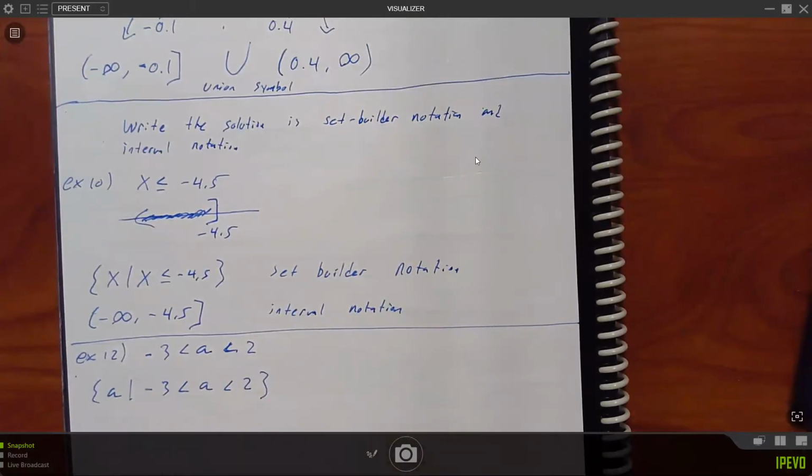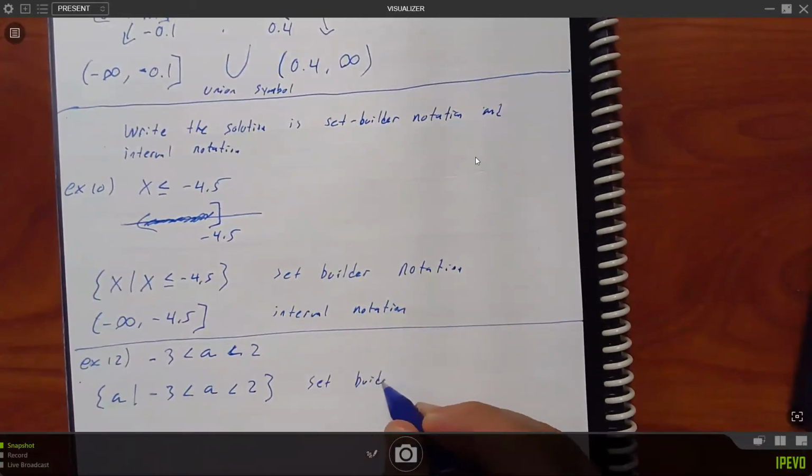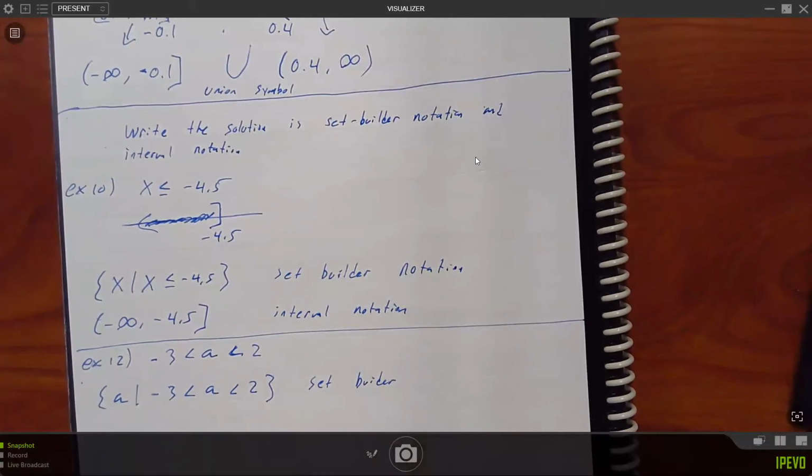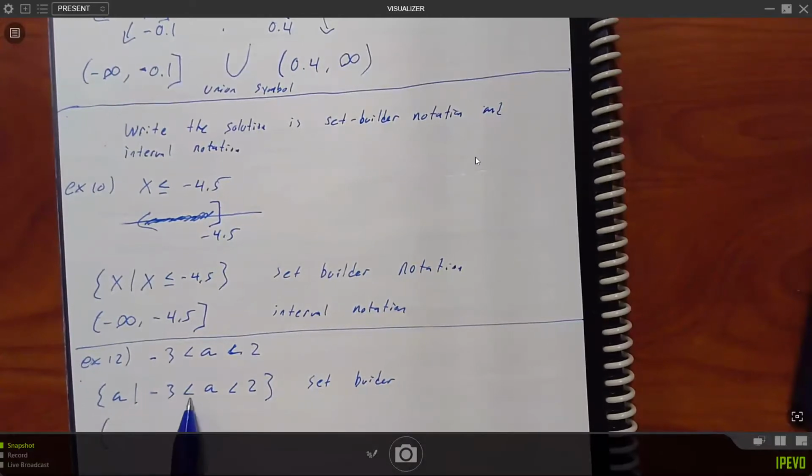Just in between. That's it. Again, you can graph it if you want, if it helps. I'm not going to this time. Interval will be parentheses because it's not equal to all the way until the other endpoint.